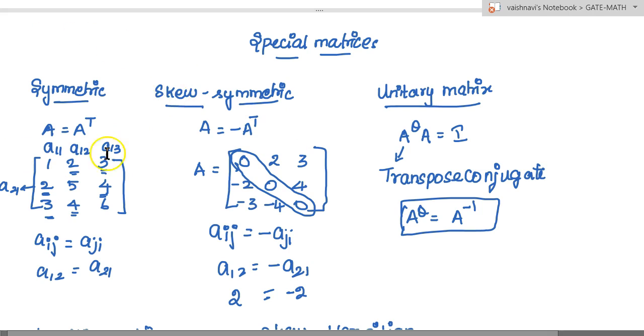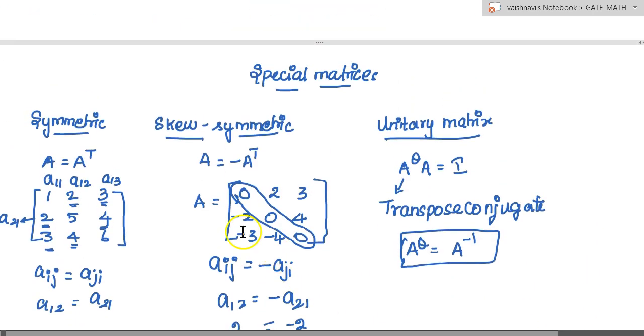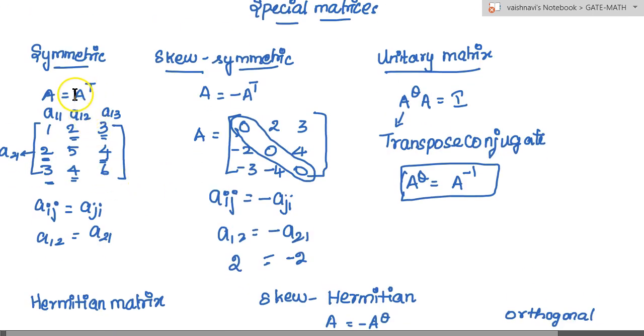Let me recall them for you. Symmetric matrix, skew-symmetric matrix, unitary matrix, Hermitian matrix, skew-Hermitian matrix, orthogonal, idempotent, involutory, nilpotent, and permutation matrices. First one, symmetric: A is equal to A transpose. A matrix that is equal to its transpose is called a symmetric matrix.